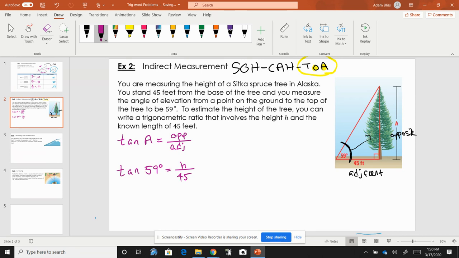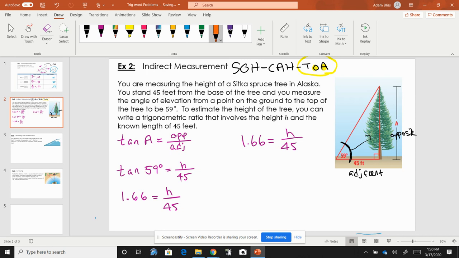So now we got to solve this. You can either solve for tangent first, or you can multiply both sides by 45. I'm just going to get rid of tangent of 59 degrees. So I take out my calculator, 59 tangent, I get 1.66 equals h over 45. So now how do I solve that? 1.66 equals h over 45.